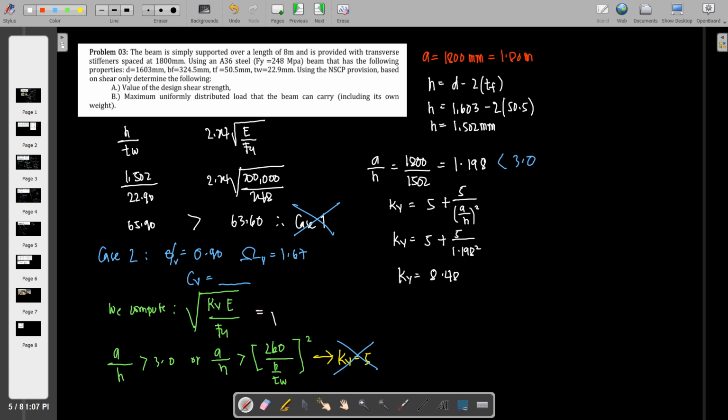So, pag meron na yung KV na yan, you can just compute this expression. So, square root of 8.48 times 200,000 all over Fy. Fy is under 836 till 248. So, we have a value of 82.7. So, anong gagawin natin dito?